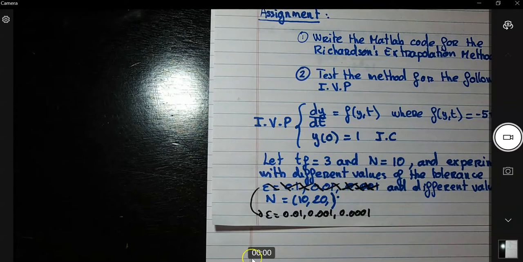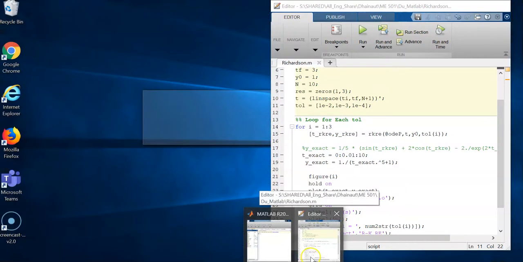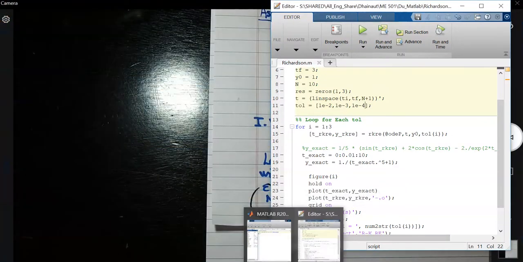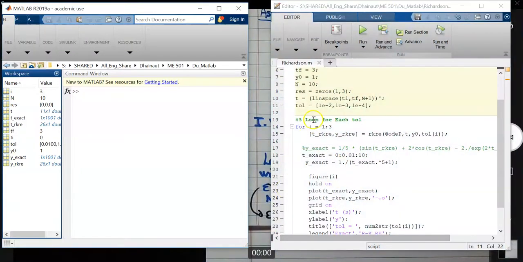Okay, so now I can do this over here. Let's go back to MATLAB. These I have not tested. Let's see what happens if we go to the next number of points, 20.